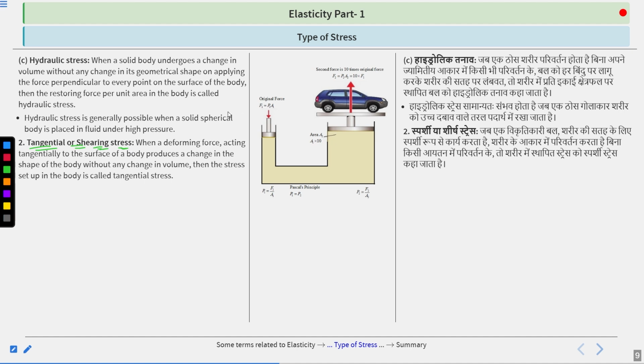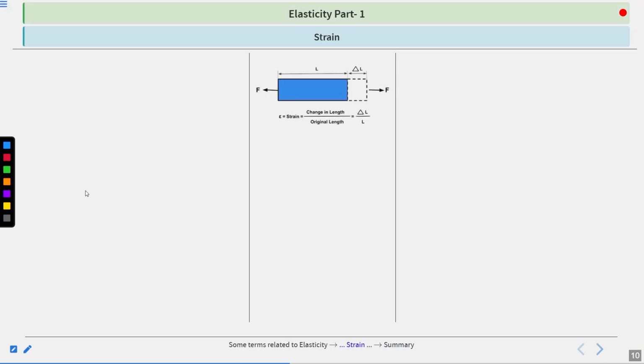Now the shape of the body is getting changed, but the volume is remaining as it is. Stress is also a scalar quantity. Why? Because it only has magnitude but not any particular direction.